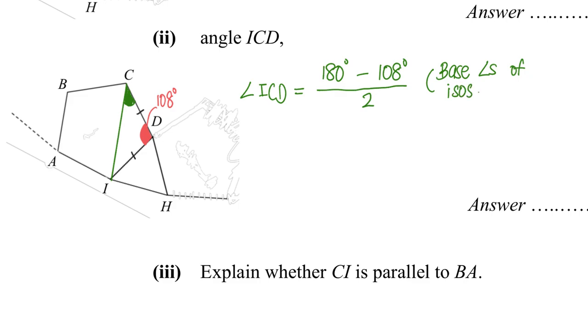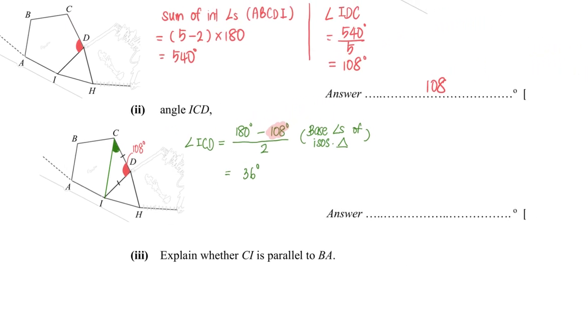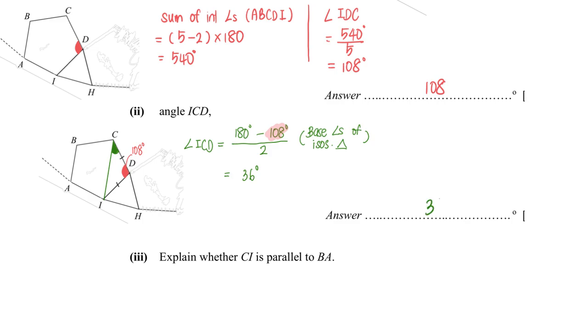They are equal. And so this will give me a value of 36 degrees. Just to make sure that you can see that this one is the 108, so this will be 36.